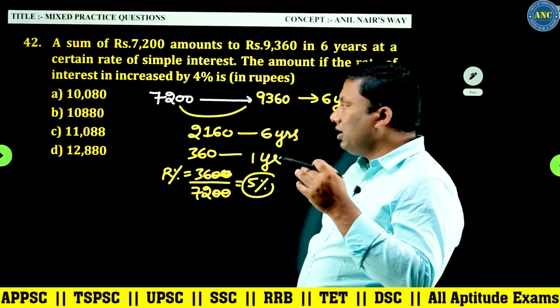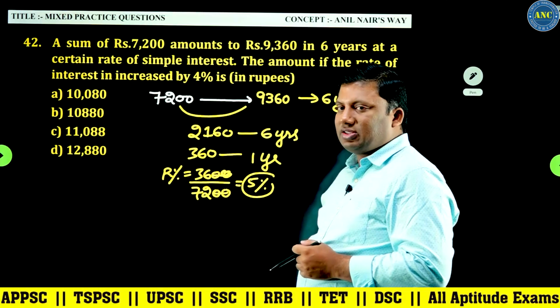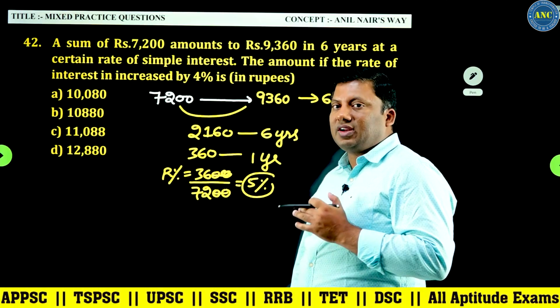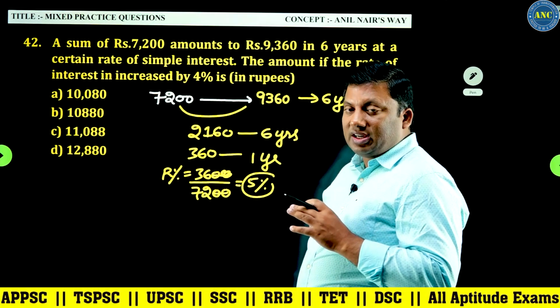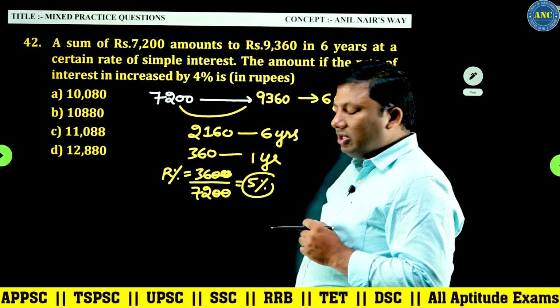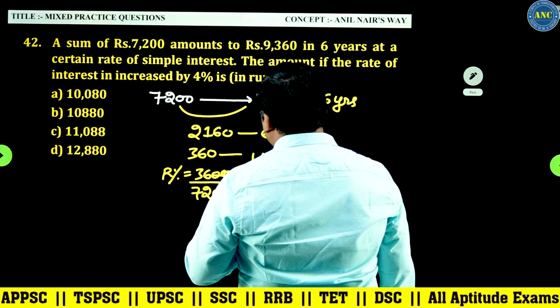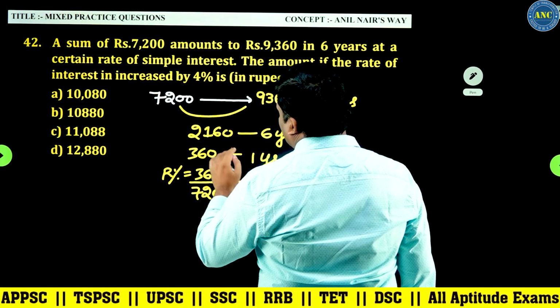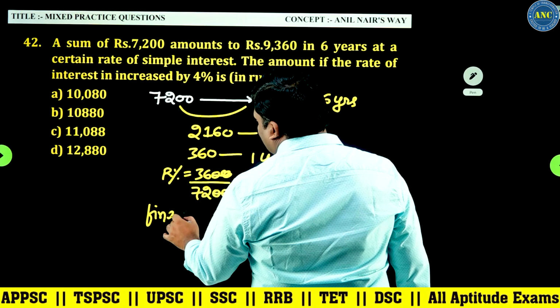7,200 is becoming 9,360. Total increase is 2,160 for 6 years. Per year, it is 360. Our percentage is interest on principal, 360 on 7,200, which is 5%. Interest is increased by 4%.